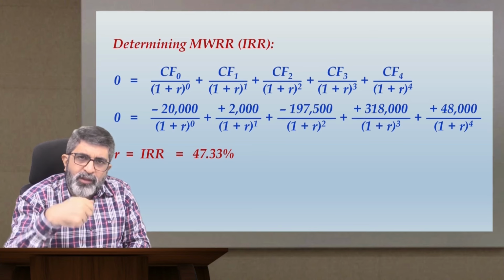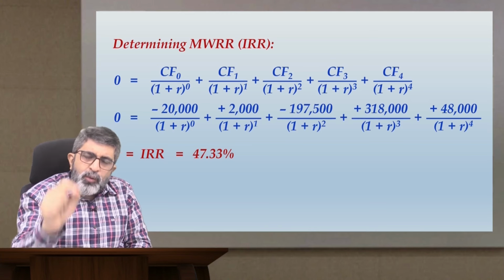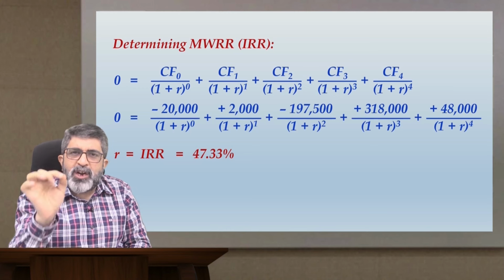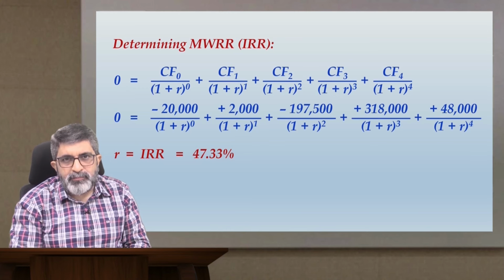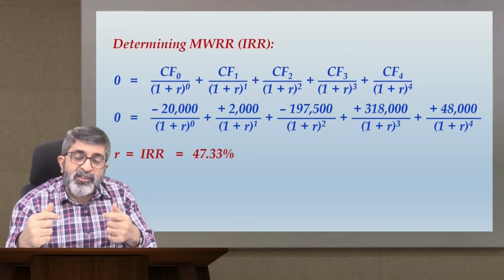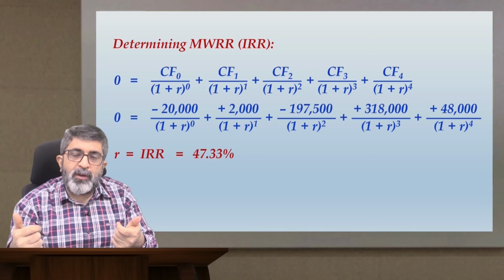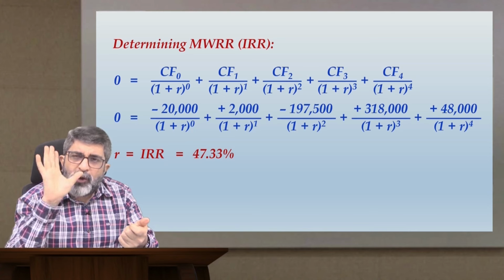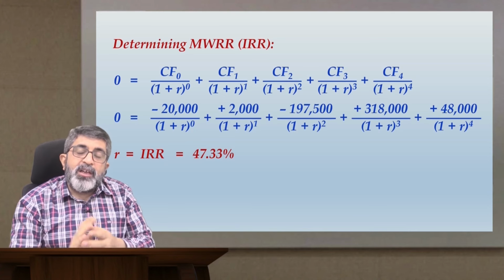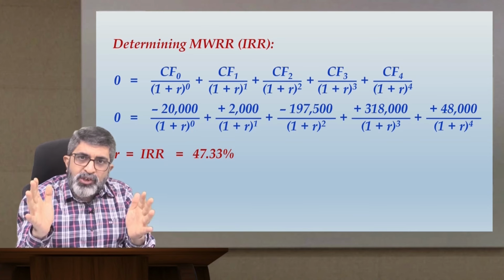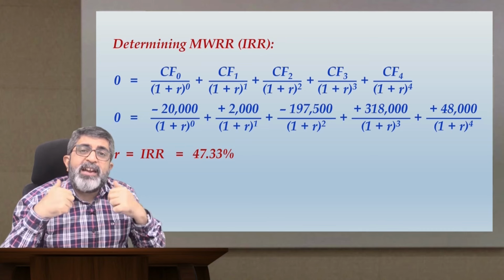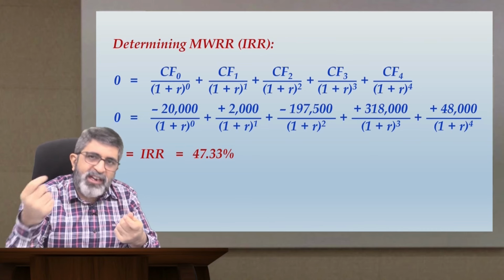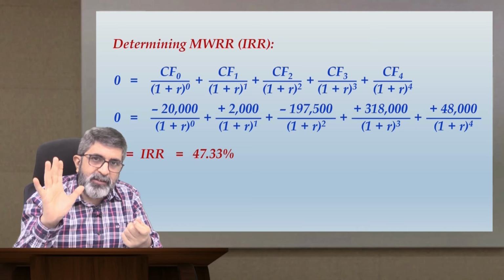I am sure along with me when you have made the calculation you would have got 47.33%. The question is, why such a big amount of IRR? Why such a big value of IRR? Because this calculation MWRR is getting influenced by cash inflows and cash outflows made by the client.